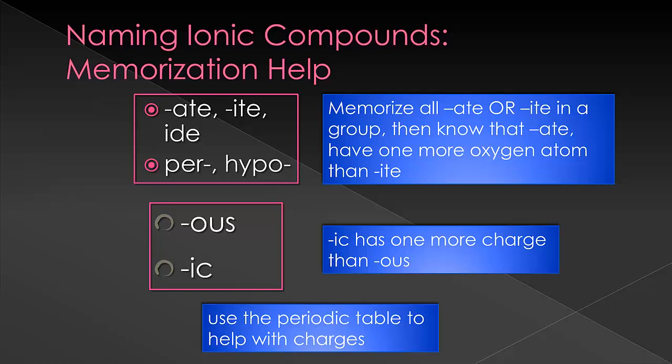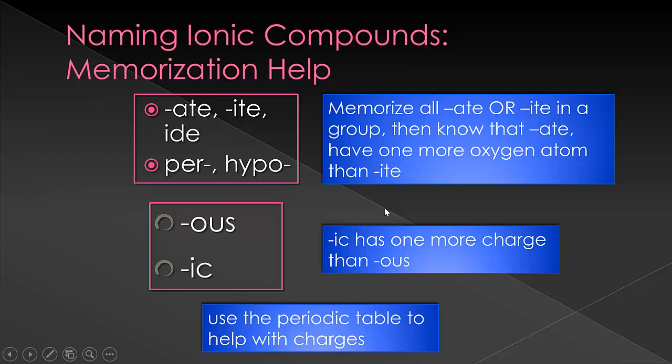And when we get to acids, we'll see that the ATE ending relates to the IC ending, and the ITE ending relates to the OUS ending. So for instance, sulfate would be sulfuric acid, sulfite would be turned into sulfurous acid.